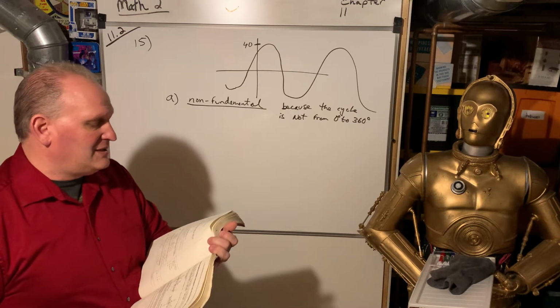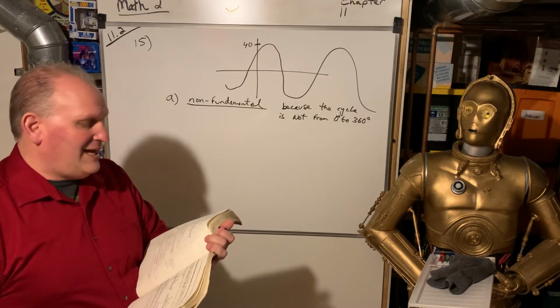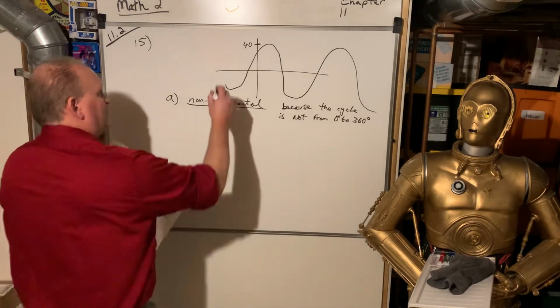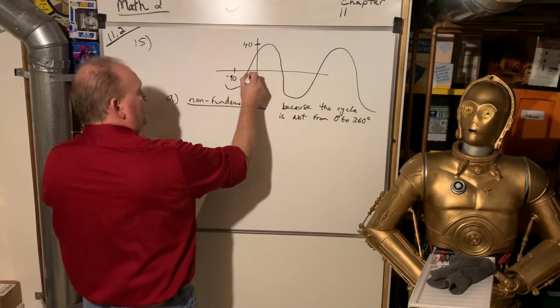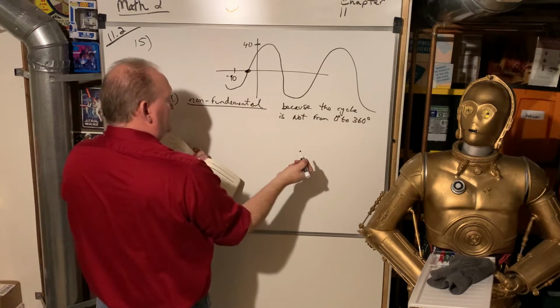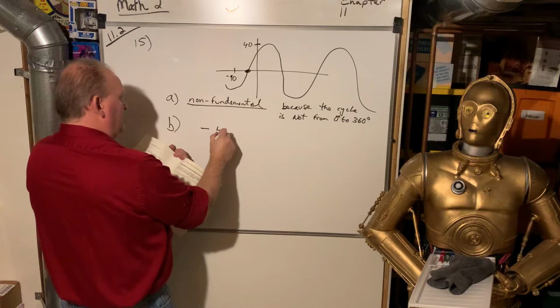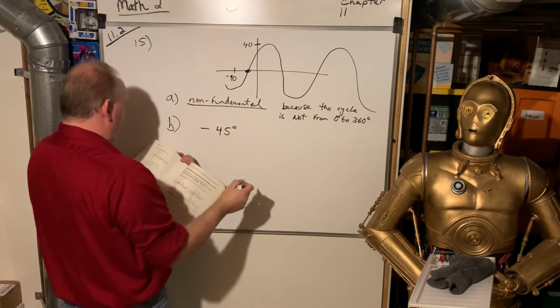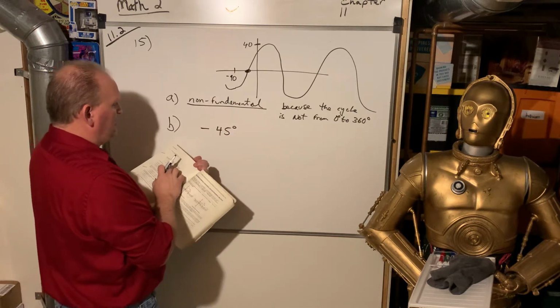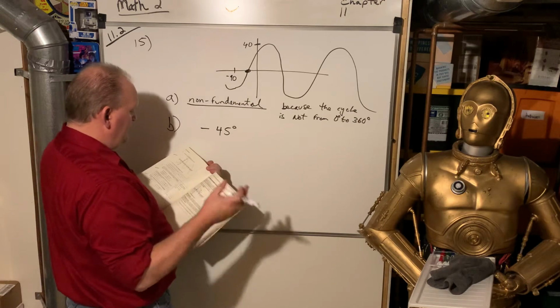It looks like it starts halfway between negative, like they have negative 90 here, and this looks like the halfway point. So we're kind of guesstimating, because they didn't give exact, but like negative 45 degrees to, and then it goes 270 to 360.